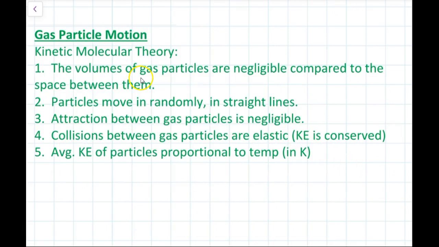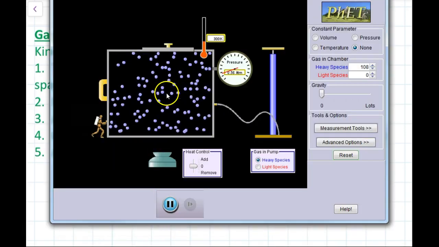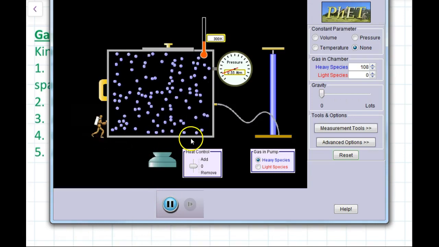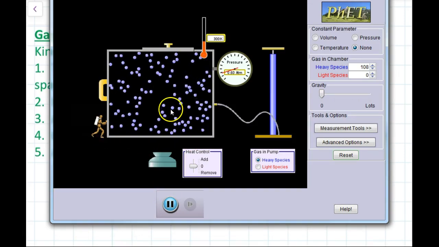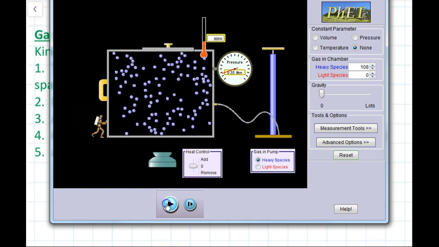First of all, the volumes of gas particles are negligible compared to the space between them, and that isn't illustrated all that well here, because obviously if you had a container this size, the gas particles are way, way smaller than that. Here, if we pause, the particles themselves are many times larger than real gas particles.